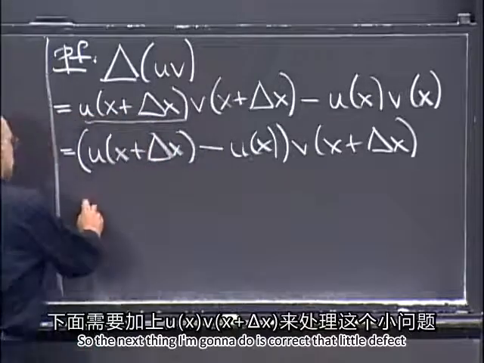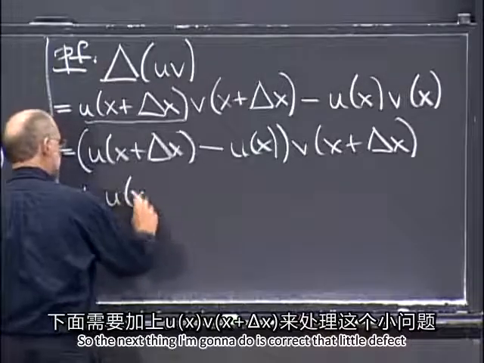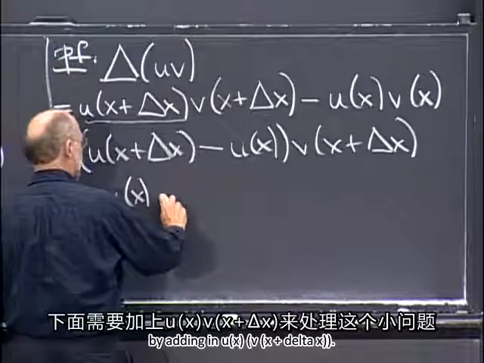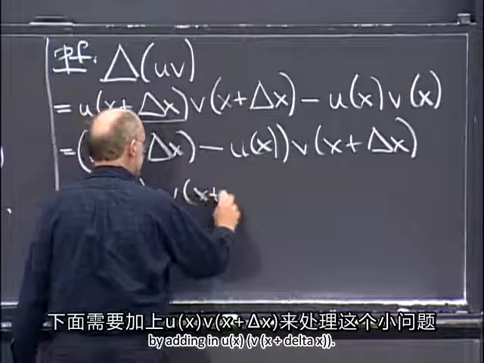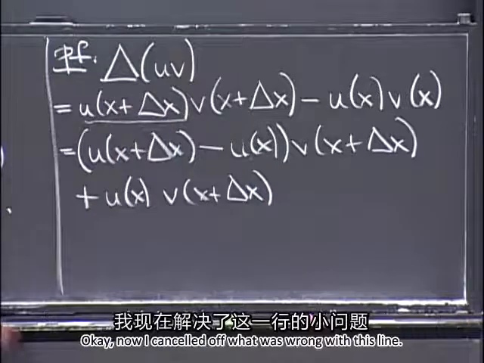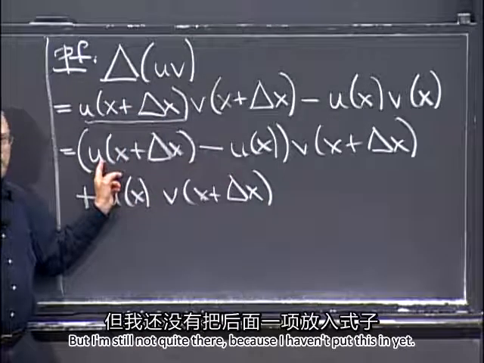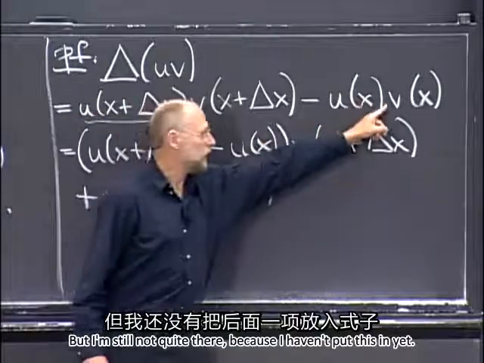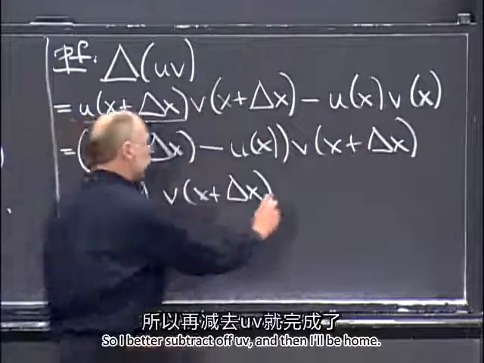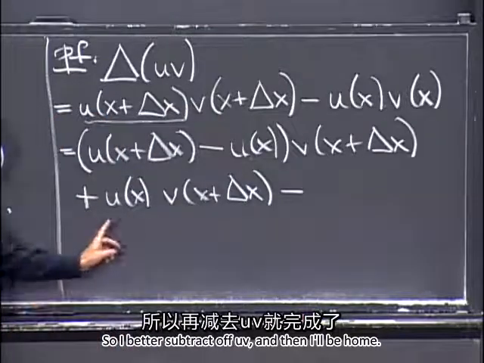So the next thing I'm going to do is correct that little defect by adding in u of x times v of x plus delta x. Okay, now I've canceled off what was wrong with this line, but I'm still not quite there because I haven't put this in yet. So I'd better subtract off u of x, u times v, and then I'll be home.